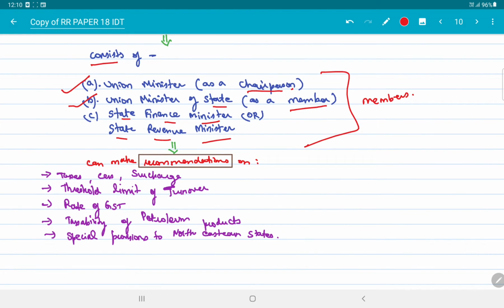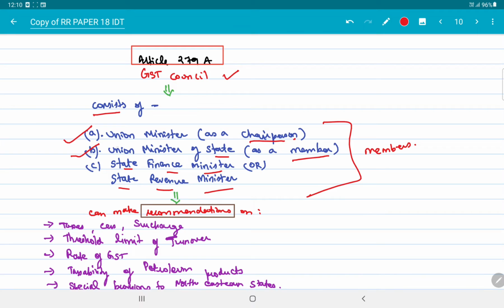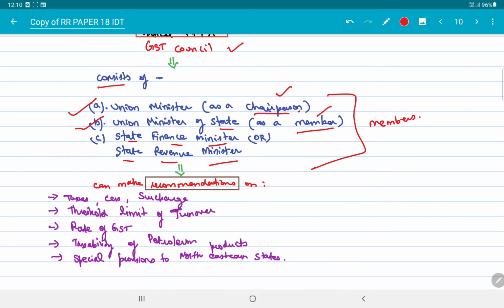So you should remember it consists of the Union Minister as chairperson, Union Minister of State as a member, and State Finance Minister or State Revenue Minister.